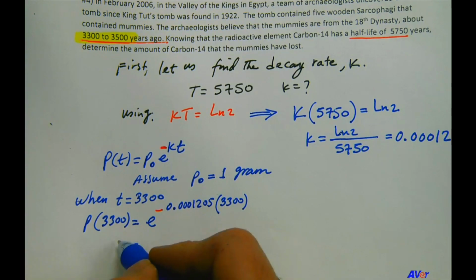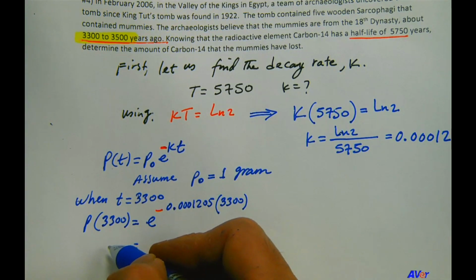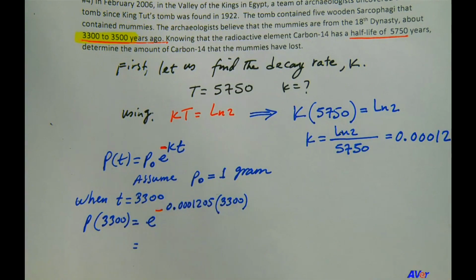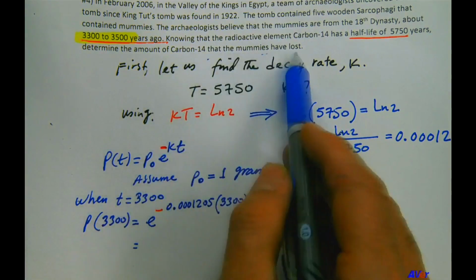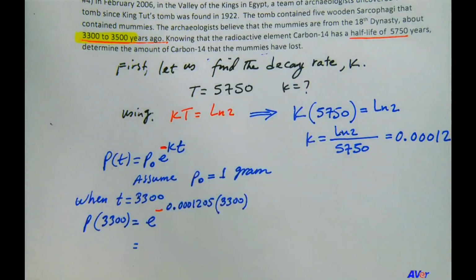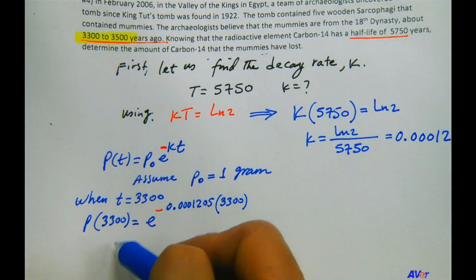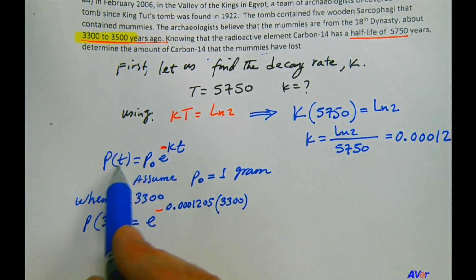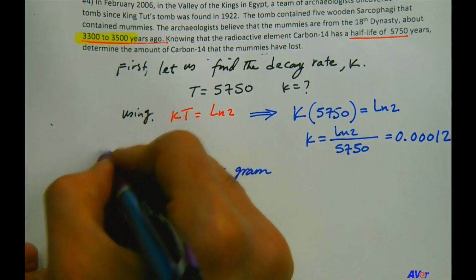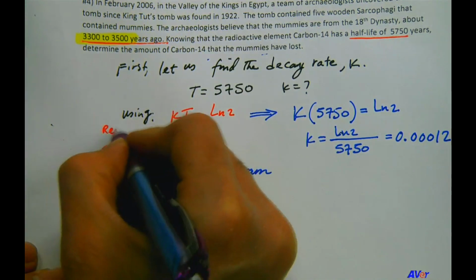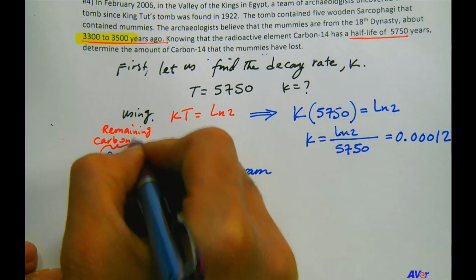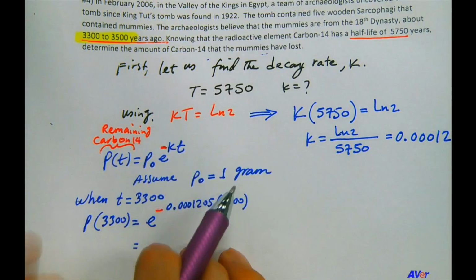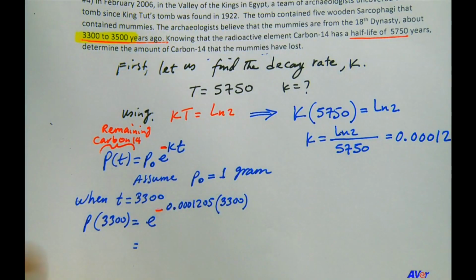This is how much would remain, so then we have to subtract this from 1. Why? Because they ask how much of the carbon-14 the mummies have lost, not how much is remaining. This formula tells us how much is remaining. So we need to subtract that from 1 gram, whatever that is.